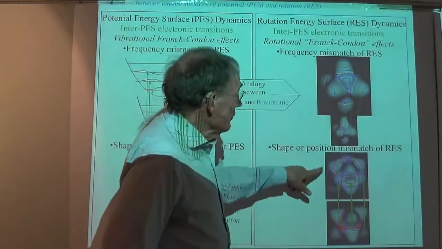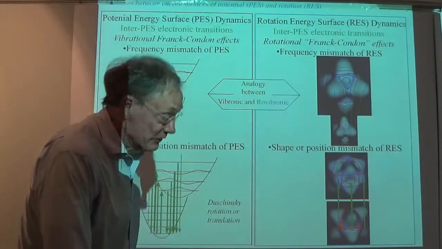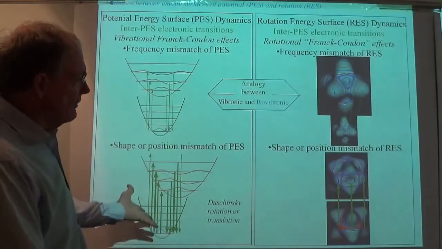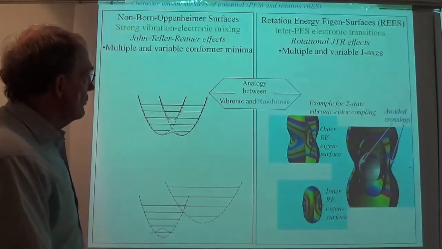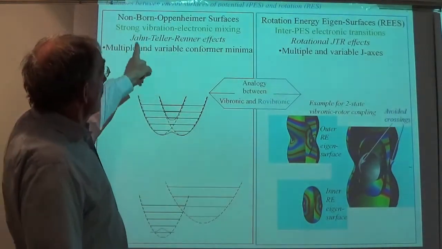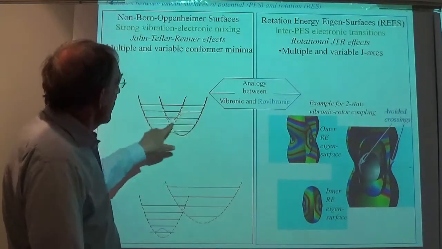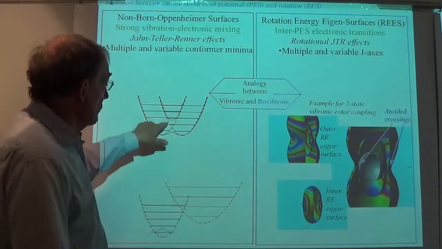And the shape or position mismatch opens up all sorts of possibilities, because this is a phase space we're working with. You're still working in coordinate space here. This we can do a lot more with, you see. So you can have two, and now here's an interesting thing. This is called Jahn-Teller-Renner effects, when your two potentials cross and do avoided crossing, or non-avoided crossing, whatever.